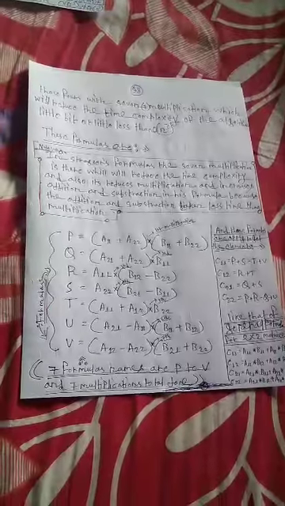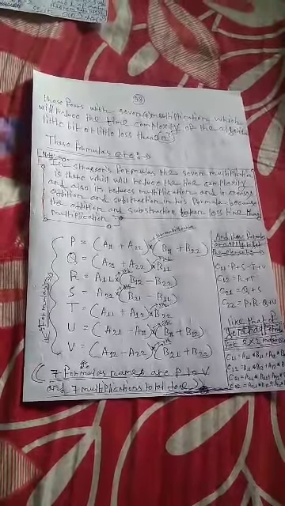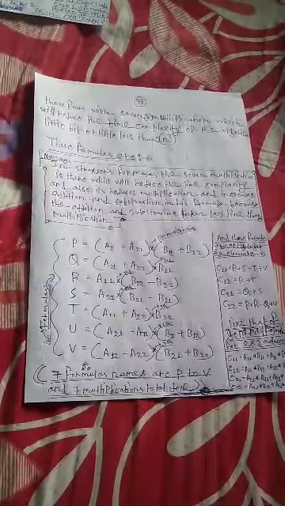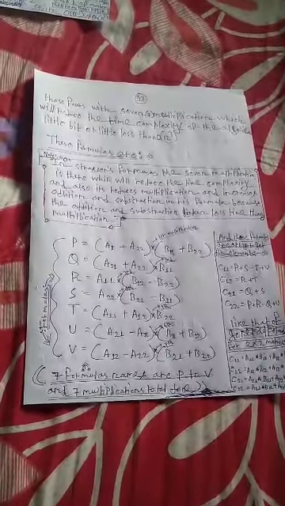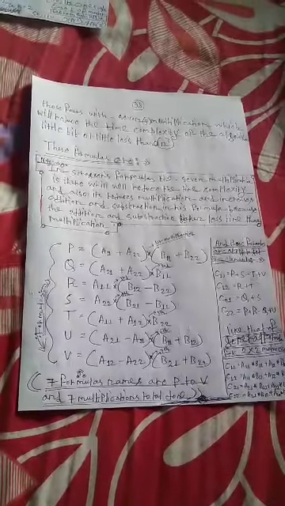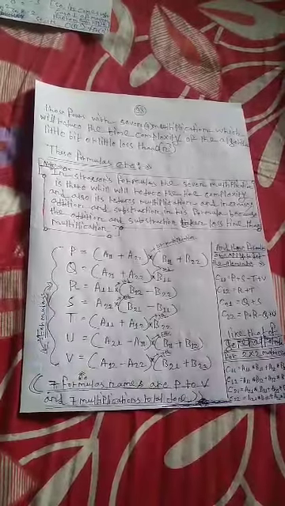There are 7 formulas, named P to V: P, Q, R, S, T, U, V. We can represent them like this, and 7 multiplications are done in total. Here multiplication is reduced and addition and subtraction are increased. You can see that.